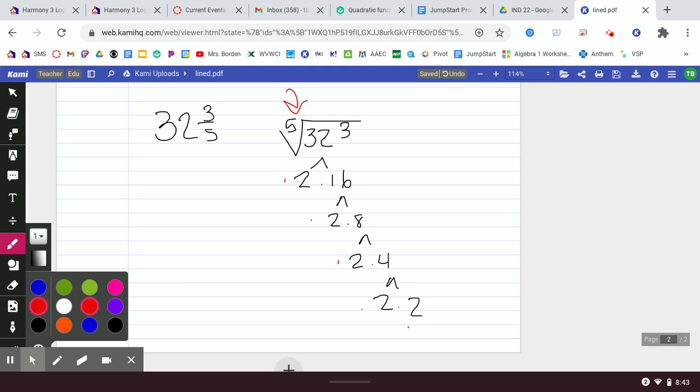If you don't have 5, they stay trapped. But in this case, you do have 5. And because you have 5 of a kind and your root is 5, they all come out as 1. Then you would apply the exponent and you would get 8. Okay, so no matter what your root is, that's how many you circle. When you can circle them, they come out as 1.